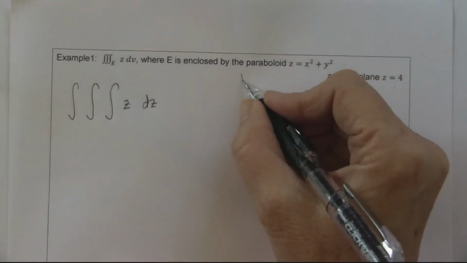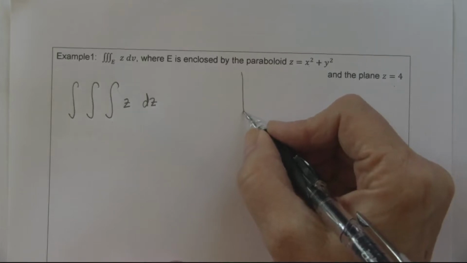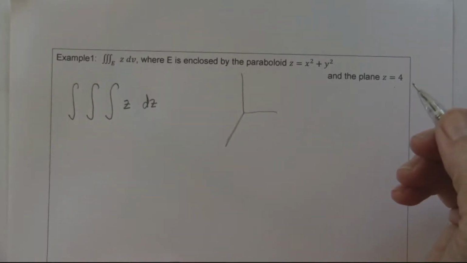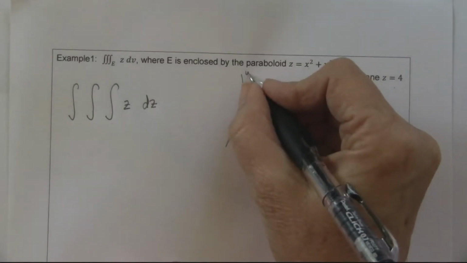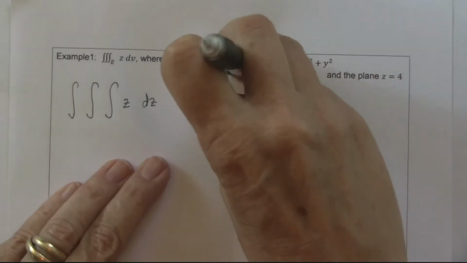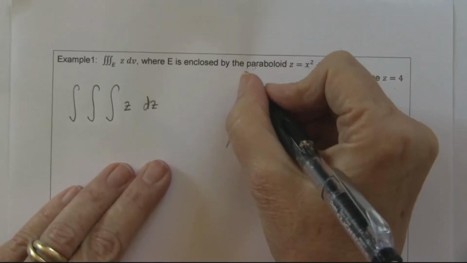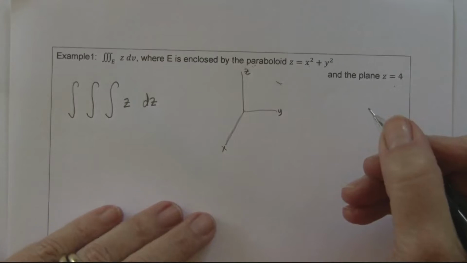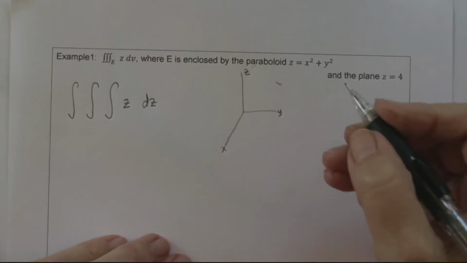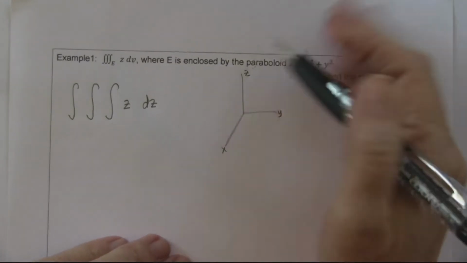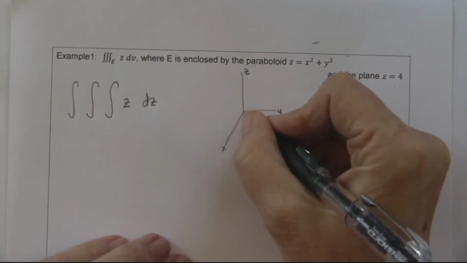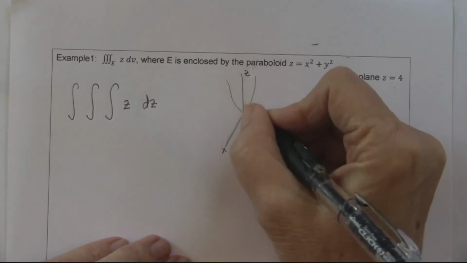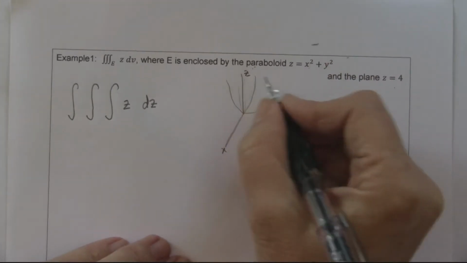If you draw what it looks like, you might be able to use that drawing to figure out what would be on top and what would be on bottom. So z equals x squared plus y squared is going to be some kind of paraboloid going here. And so there it is.